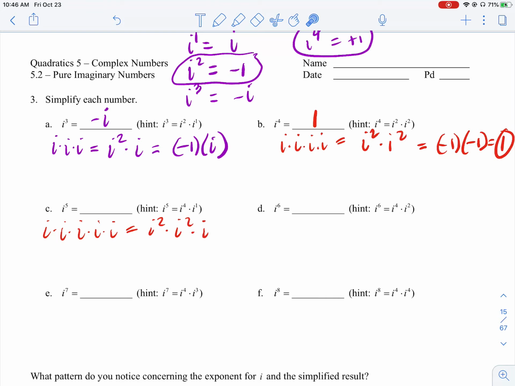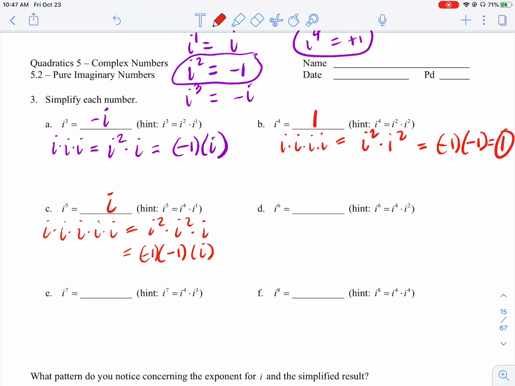Does that make sense? So this is 2 i's, 2, that's 4, plus another one, that's 5. And I know that i squared is negative 1, that's a negative 1, that's just i. Negative 1 times negative 1 is a positive 1. Positive 1 times i is just i.